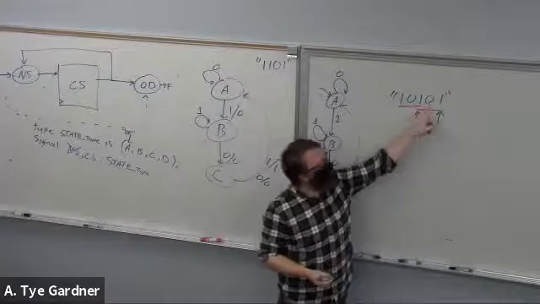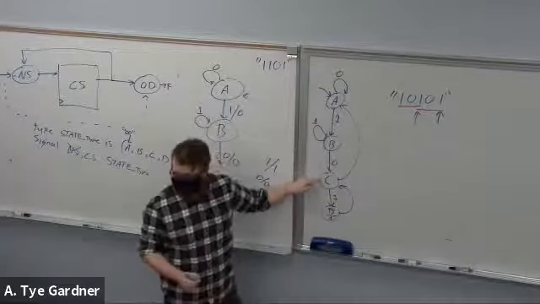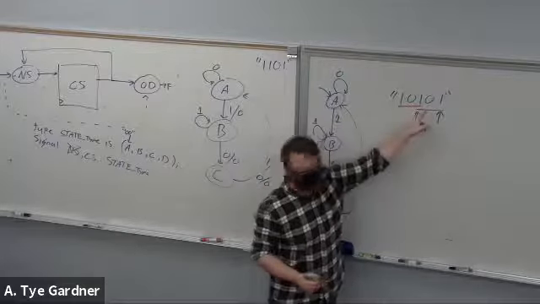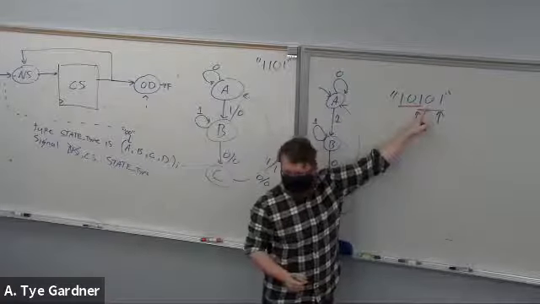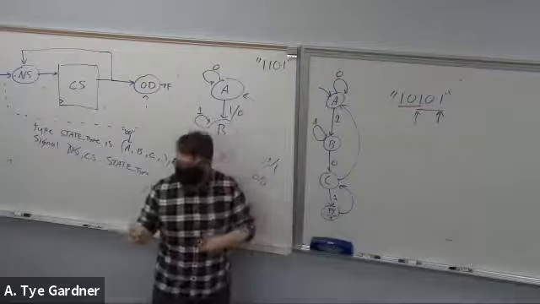I'm in D, 1, 0, 1. Back to C. Because this is saying I've seen a 1, 0. That's what state C is telling us, is I've seen 1, 0. And then it flows back. Whereas if I see a 1, where do I go?